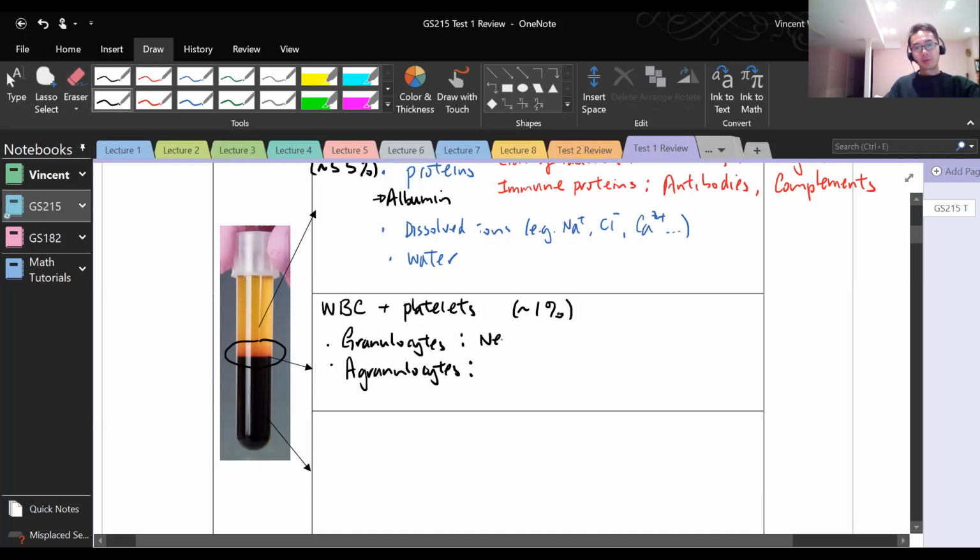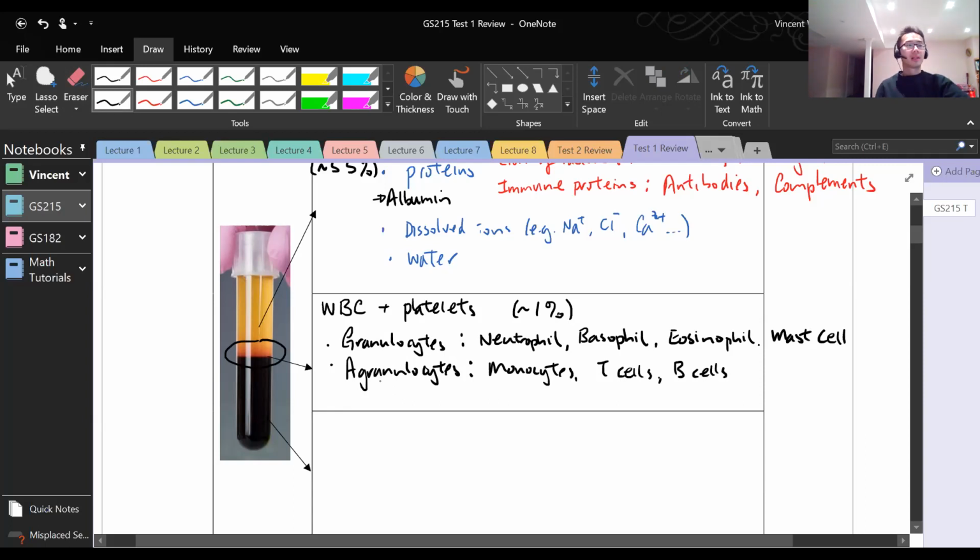Granulocytes, we have things like neutrophils, basophil, eosinophil. Right. We also have a mast cell that we learn later on. In terms of agranulocytes, we have our monocytes. We have our T cells, B cells.